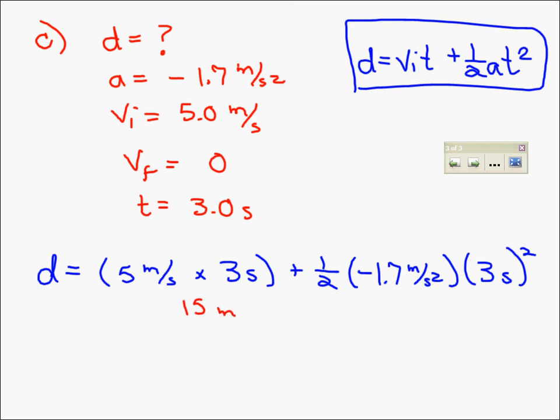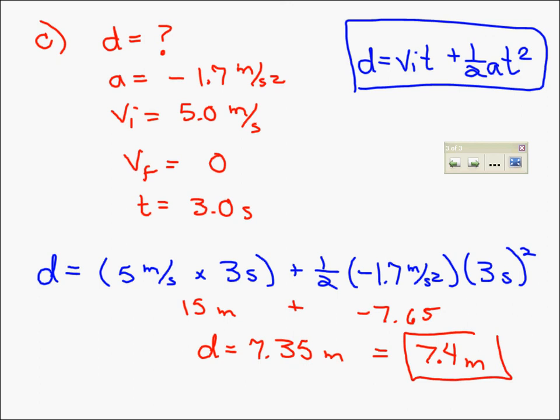There's 15 meters plus this next part, 0.5 times negative 1.7 times 3 squared, which is negative 7.65. We put those together. We have 7.35 for our d. And if I round to 2 sig figs, 7.4 meters. So the box slides 7.4 meters as it comes to a stop.